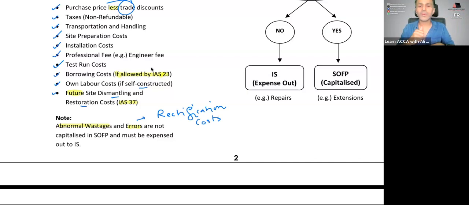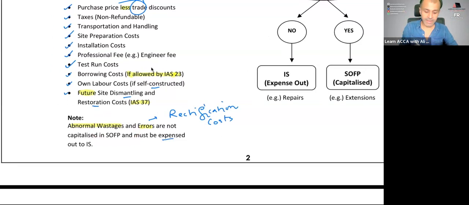During the construction, during the installation, my staff may have made an error. Now to fix that error, they have to incur extra cost. This extra cost was never planned, was never in the budget. They never thought that these costs would ever be incurred, but now it has been incurred. So because the nature of these costs is unplanned and unforeseen, they are expensed out.